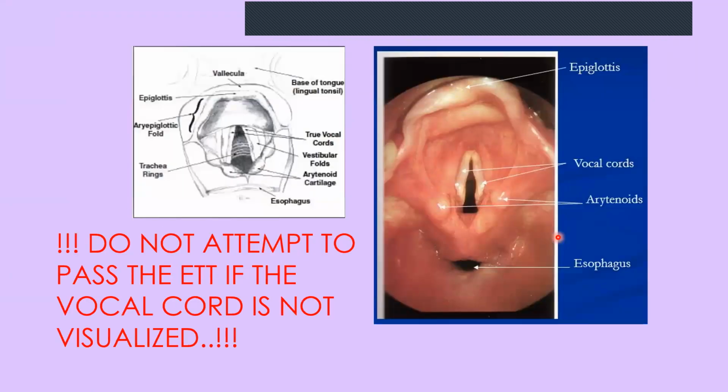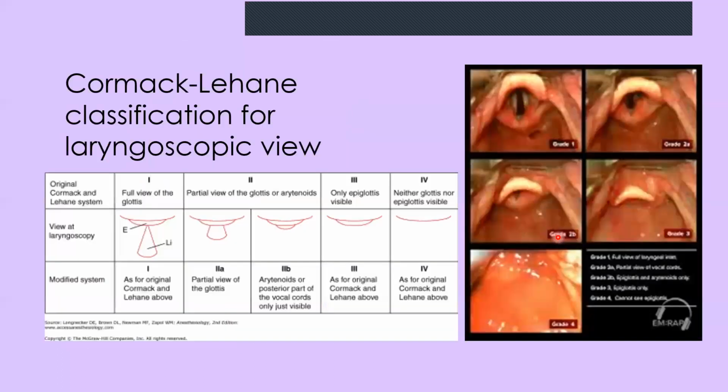So this is the direct visualization of what you are supposed to see before you intubate, and do not attempt to pass your tube if you haven't seen this view. The classification following the endoscopic view, from Cormack-Lehane, classifies it as 1, 2, 3, 4 based on what we see.